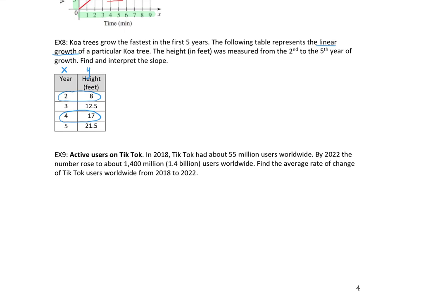The year, which would be the x value, will go in the bottom. When I find my slope, I'll use x1, x2, y1, y2: 17 minus 8 over 4 minus 2. I get 9 over 2. I'm going to write that as a decimal, 4.5. So remember, this is feet per year.